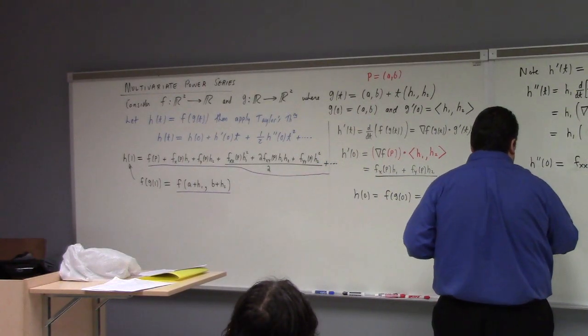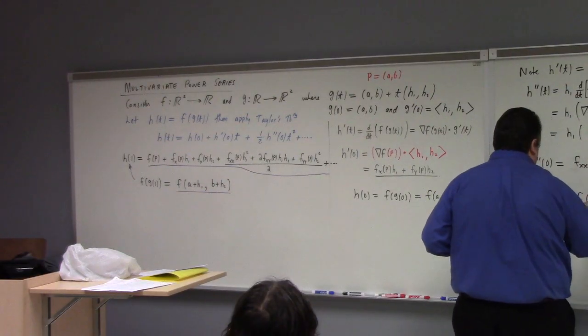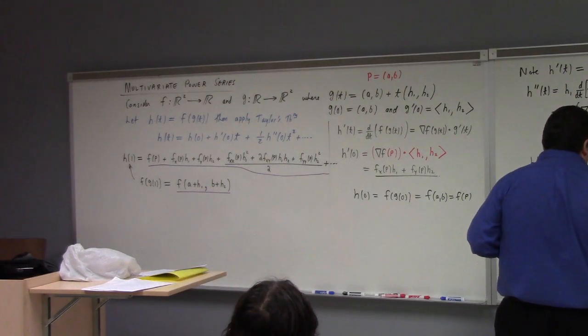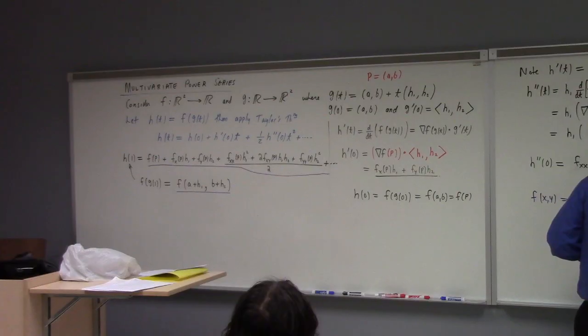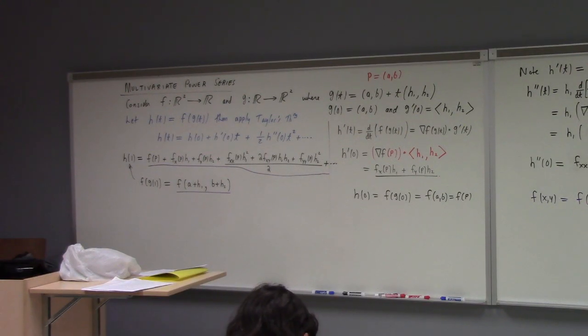So what we have is that f of x, y is equal to f of a, b plus f sub x of a, b times x minus a plus f sub y of a, b times y minus b, plus, I'll factor the half out, 1/2 f sub xx of a, b times x minus a squared plus 2 f sub xy of a, b times x minus a times y minus b plus 1/2 f sub yy of a, b times y minus b squared. And then plus higher order stuff.